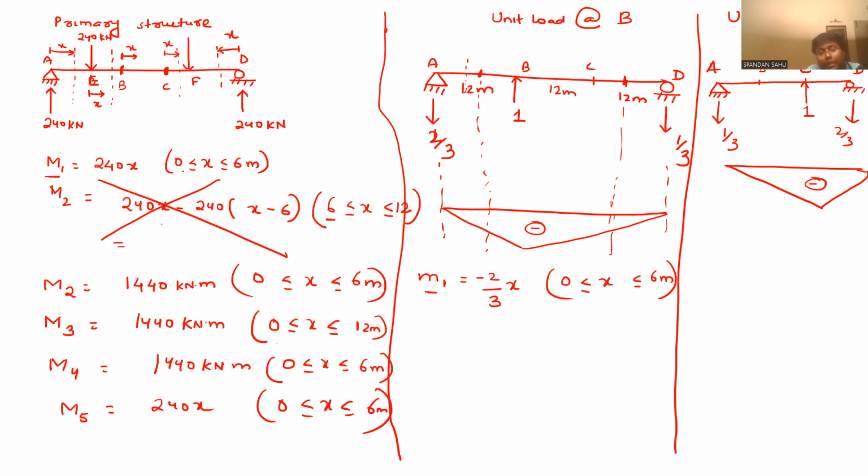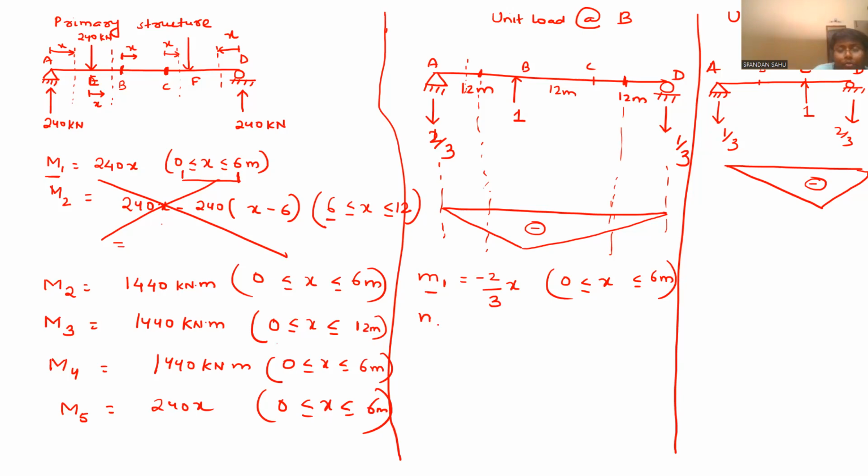So 0 to 6 meter will be your lower limit and upper limit. Make sure your lower limit and upper limit are consistent, and x is taken from the same given reference. Otherwise, your answer will come out wrong.